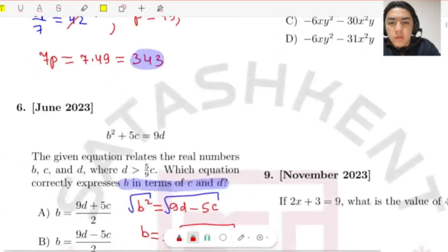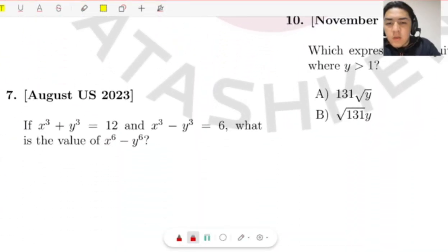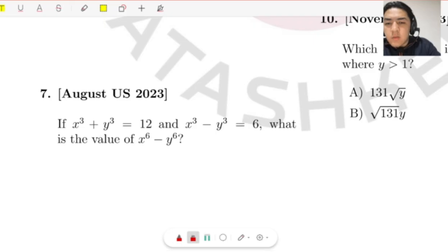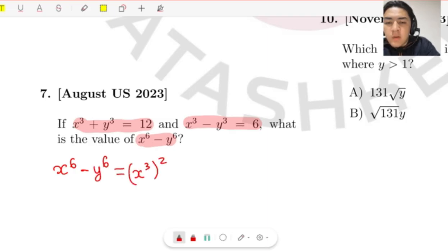Question number 7. X cubed plus y cubed is this one, and x cubed minus y cubed is this one. What is the value of x to the power 6 minus y to the power 6? I can actually rewrite this in this way: x to the power 6 minus y to the power 6, like that, is x cubed squared minus y cubed squared.